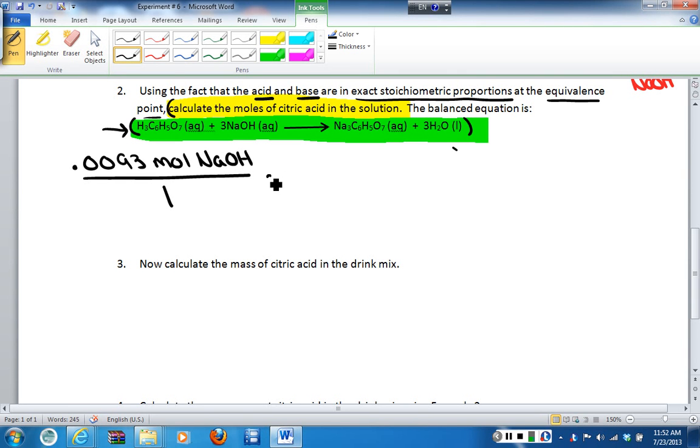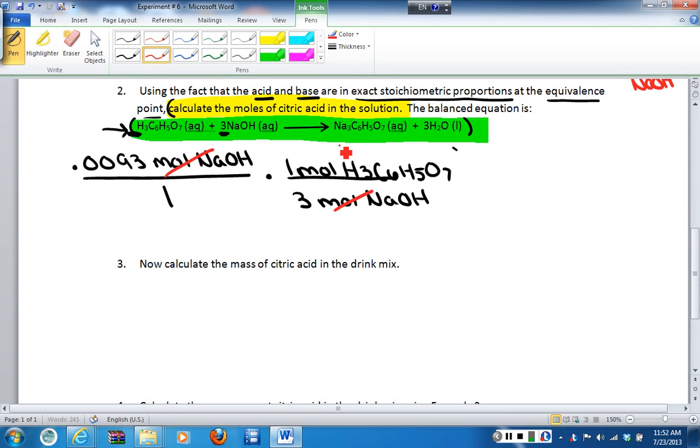What we see is that for every 3 moles of NaOH, we have 1 mole of citric acid. Where I got those numbers from is the balanced chemical reaction. There's a 1 there, even though it's not written, and we have a 3 there. So moles of NaOH cancel out, leaving us with moles of citric acid, which is exactly what the question is asking for.